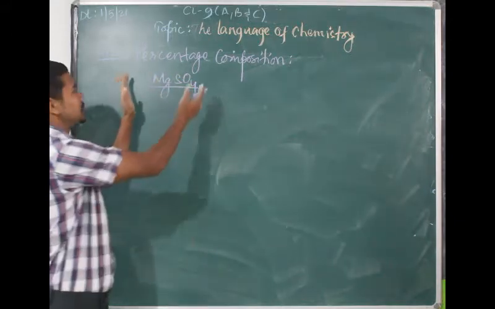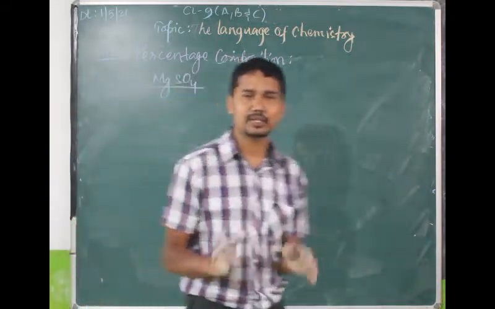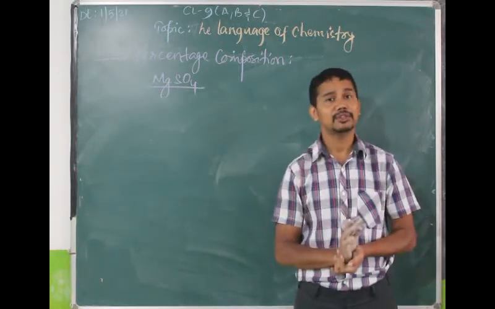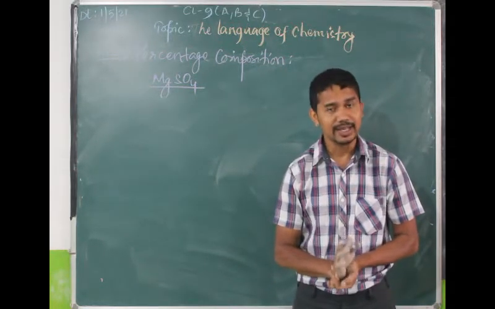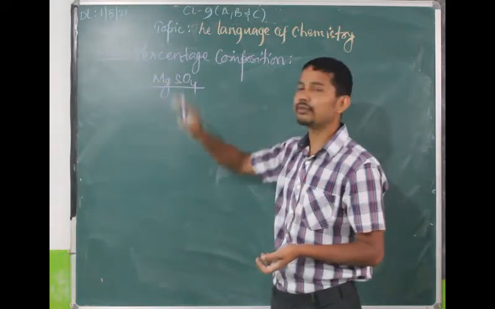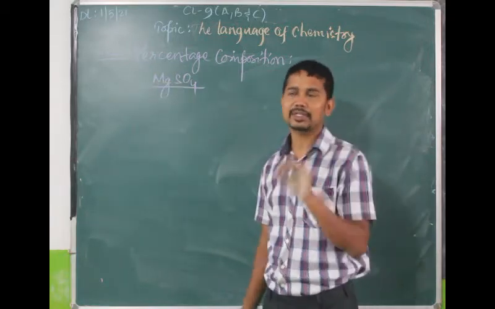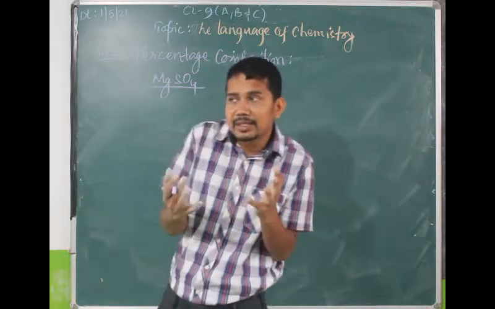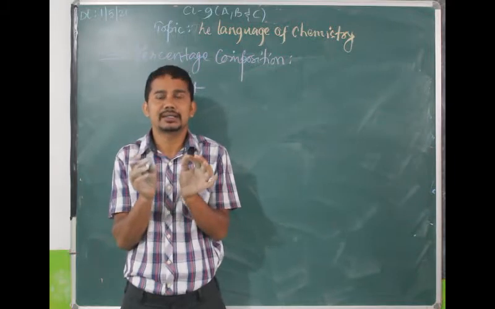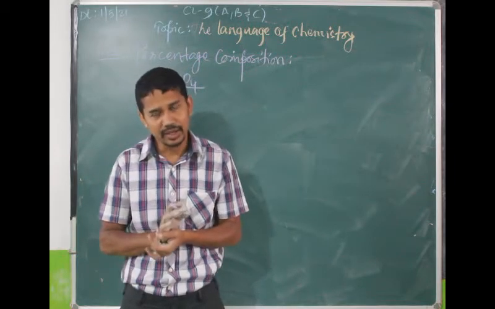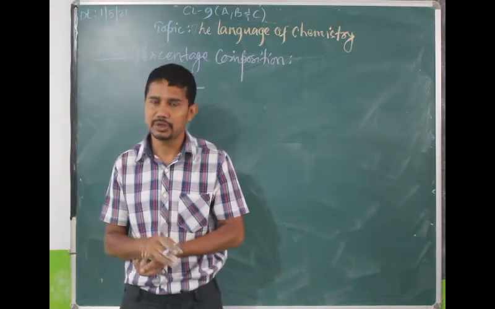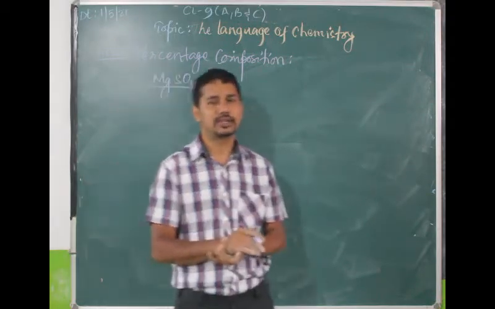For example, if you consider the mass of this magnesium sulfate as 100, what percent is sulfur? Say for example, you appeared for a maths examination. Total mass is 100.